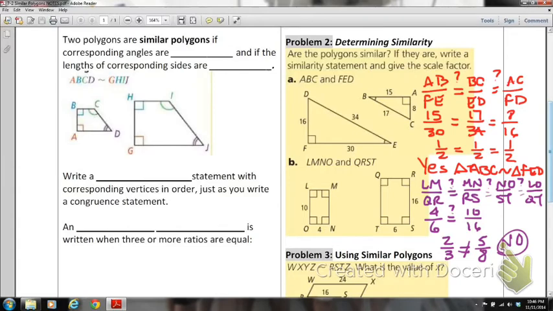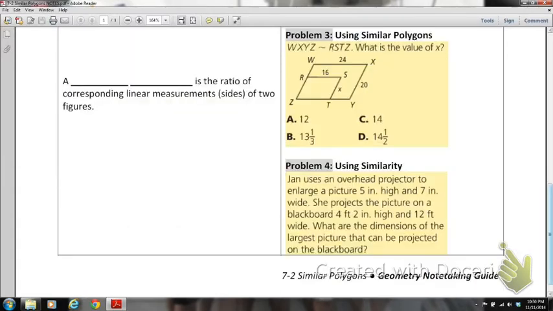Let's go to problem 3. Problem 3, using similar polygons. You have two quadrilaterals again. WXYZ is similar to RSTZ, and it asks what's the value of X. Since you know that they're similar because of the similarity statement, you can look at the corresponding sides and set them up with a proportion.